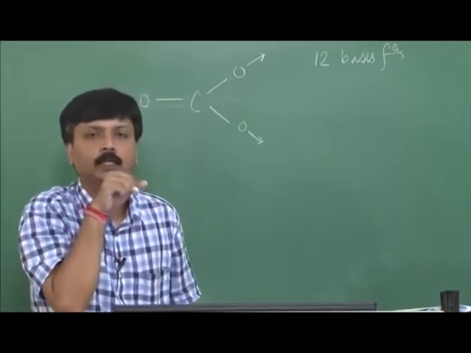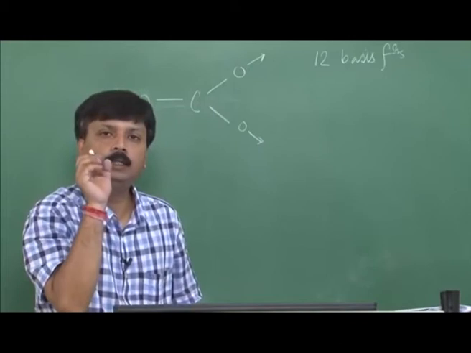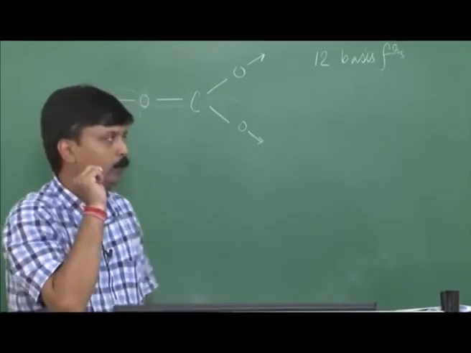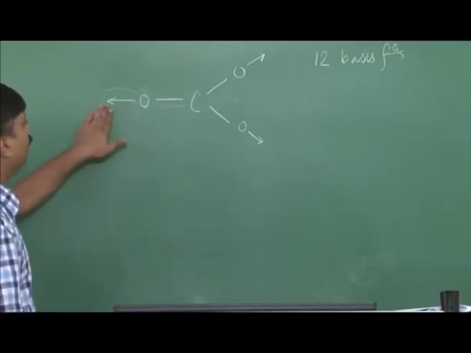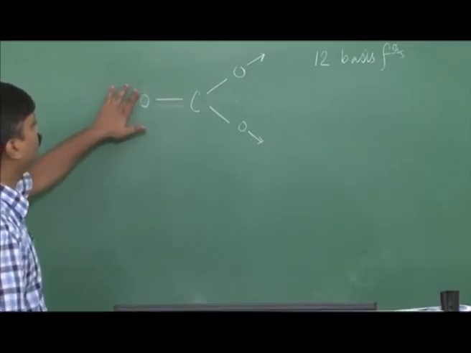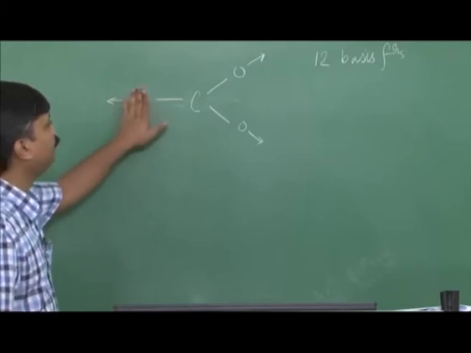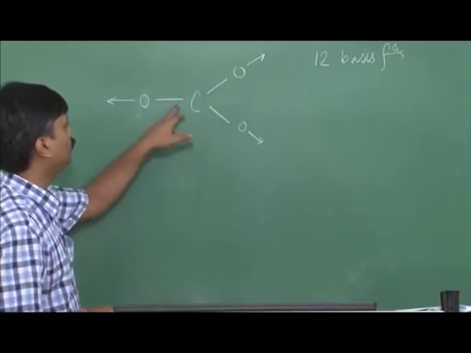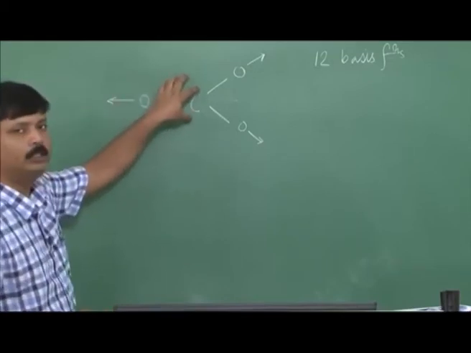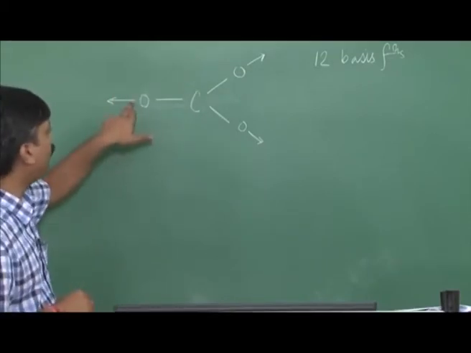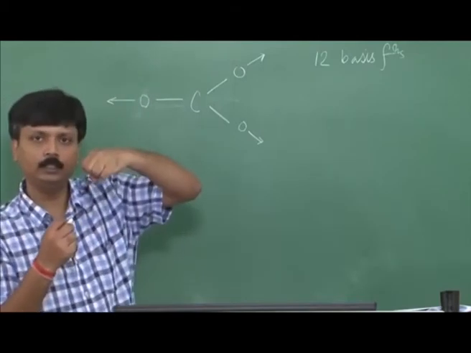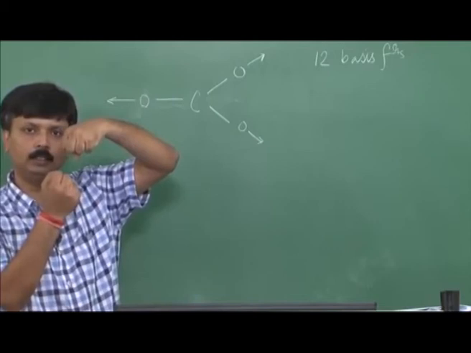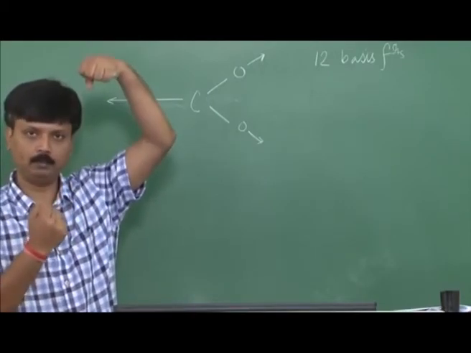The other option is that we can take the internal motion of these molecules as such. What do I mean? Here I have these arrows defining my internal motion, right? Suppose I take this carbon oxygen bond. By this arrow I say that this oxygen is moving away from carbon. In other words, this CO bond is getting stretched, right?